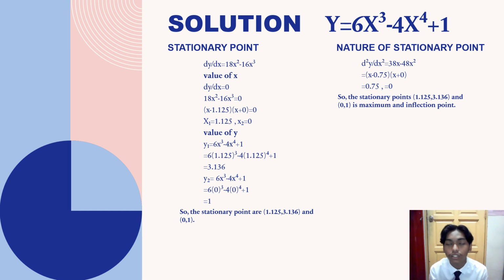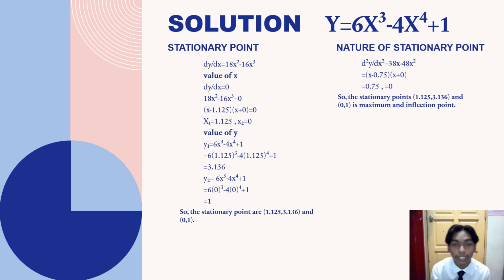Also, the same goes to the second one: minus 4 times 4, and 4 minus 1. And the third one is a constant. The differentiation of a constant is always 0. So, the answer we will get is 18x^2 minus 16x^3.